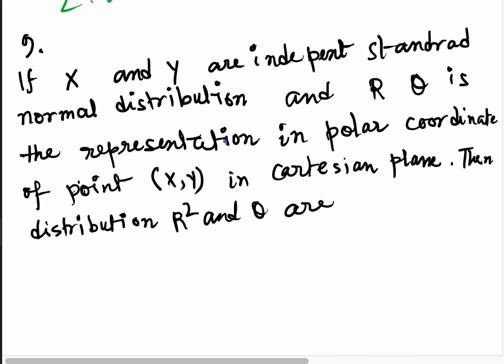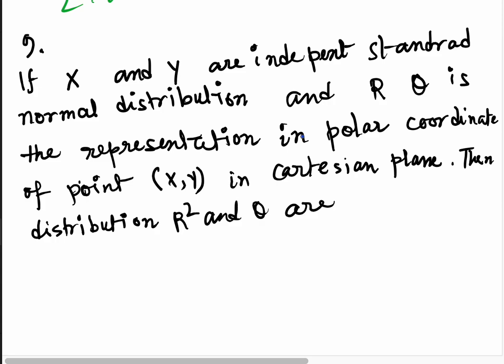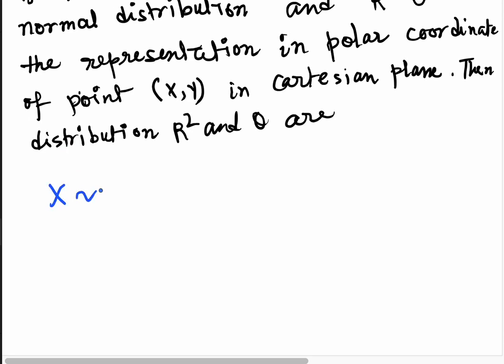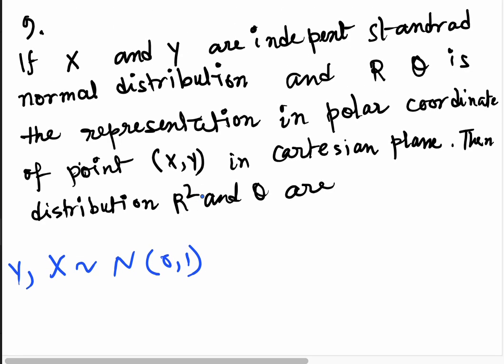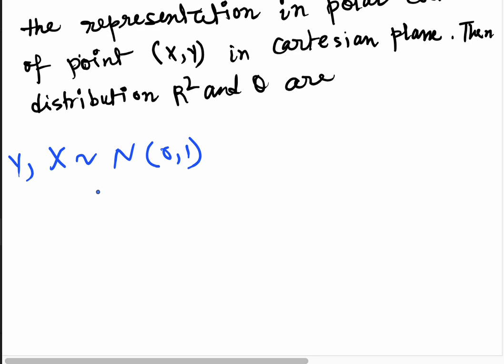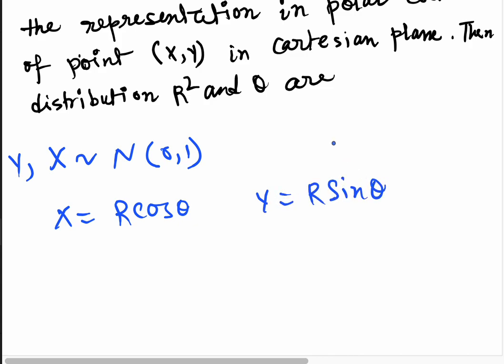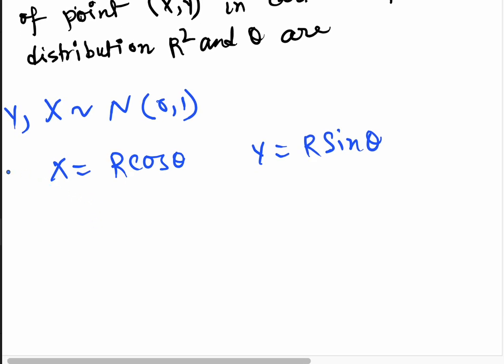So x and y both follow a standard normal distribution independently, and x equals r cos theta and y equals r sin theta.